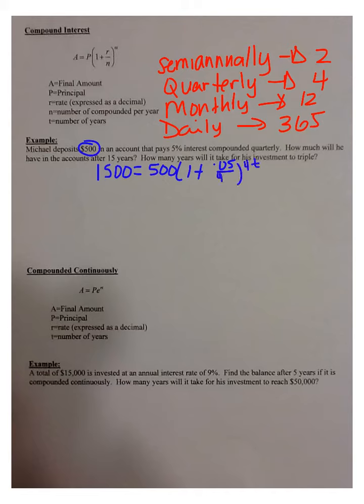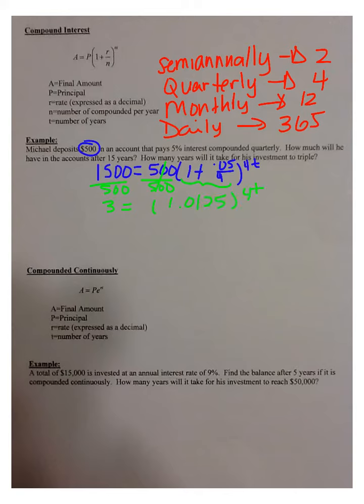I'm looking for t. We're going to divide both sides by 500, and we get 3 equals 1.0125 raised to the 4t power.